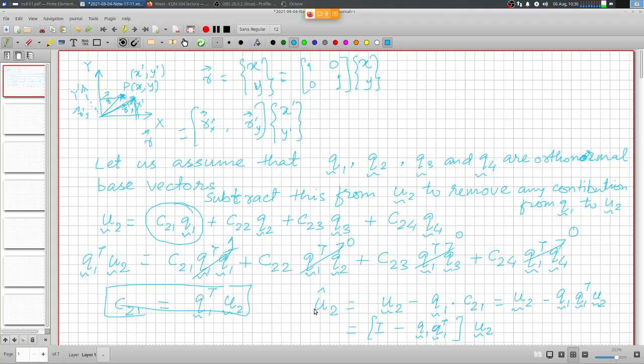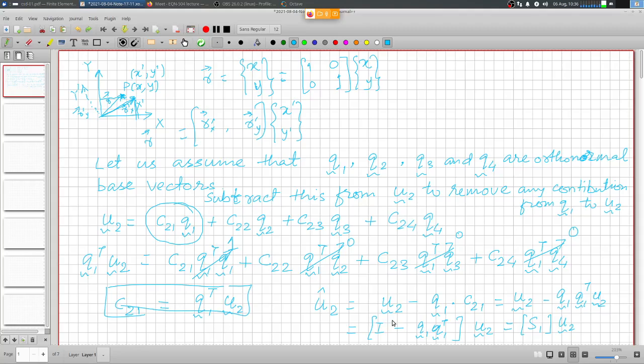So what have I done here? This is called the sweeping matrix. If I multiply this sweeping matrix S1 with u2, then the effect of this linear transformation is that all contributions from q1 will be removed from u2.